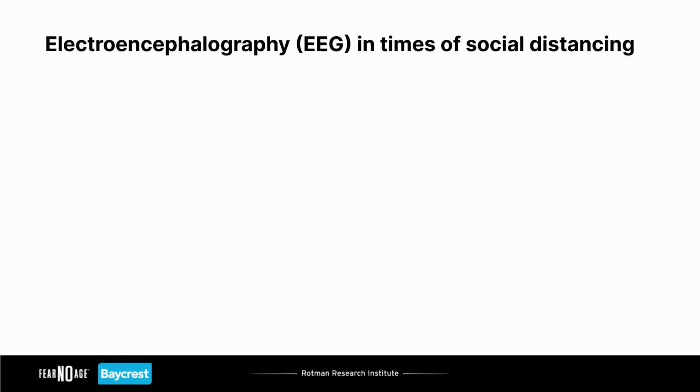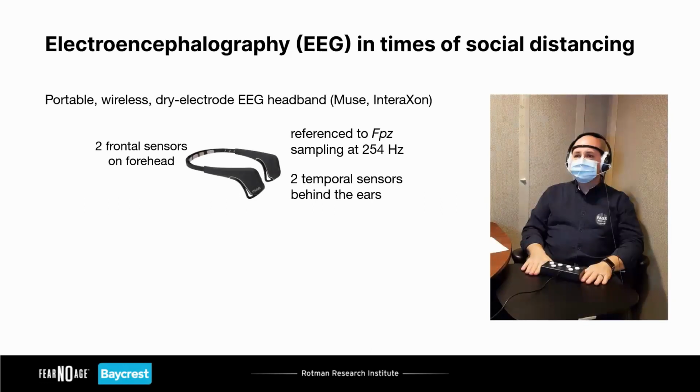We were quite lucky prior to the pandemic to have had experience with portable EEG systems that are very simple to use. And so we brought these EEG systems to Sunnybrook, where participants were being scanned in the MRI scanner. This system is a dry electrode headband, and it has two sensors on the forehead and two sensors that are touching your skin behind the ear.